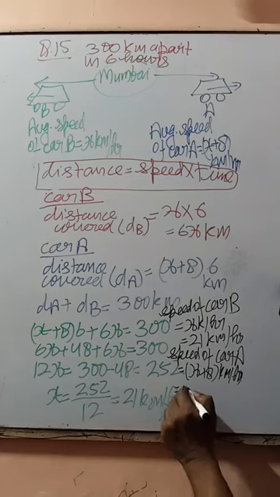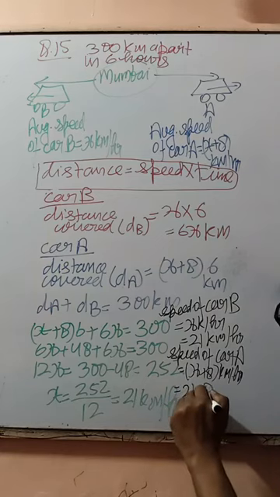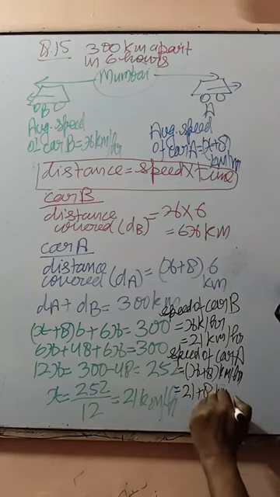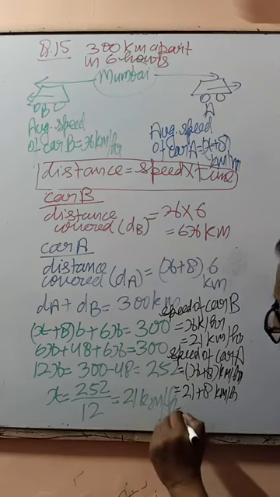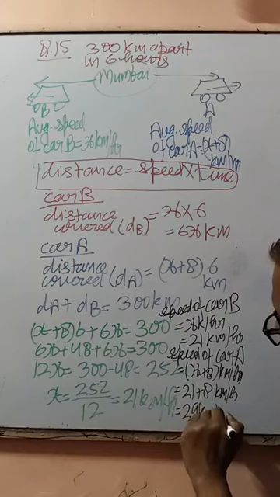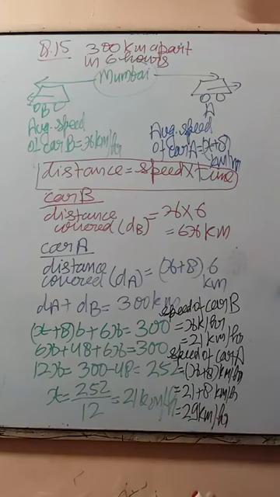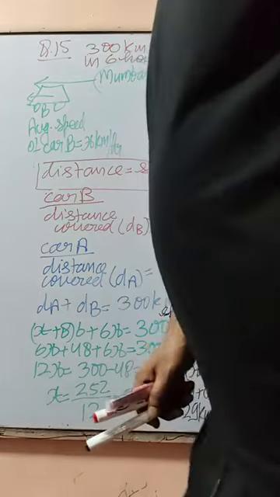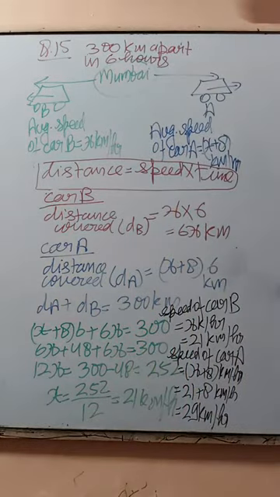So it becomes 21 plus 8 kilometer per hour is equal to 29 kilometer per hour. Right? Yes, sir.